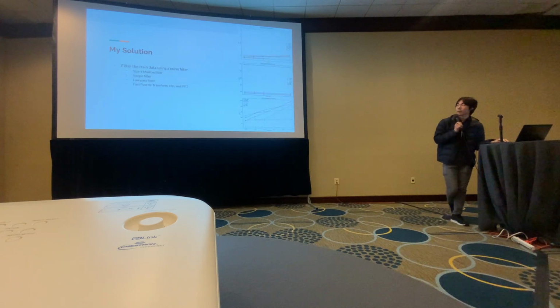If you notice over here, what I did was I simply used a noise filter, such as a Savitzky-Golay, I forgot the name, but it's abbreviated SAVGOL. There's also a median filter and low pass filter, and I finally tried a fast Fourier transform, clip by amplitude, and then inverse fast Fourier transform.